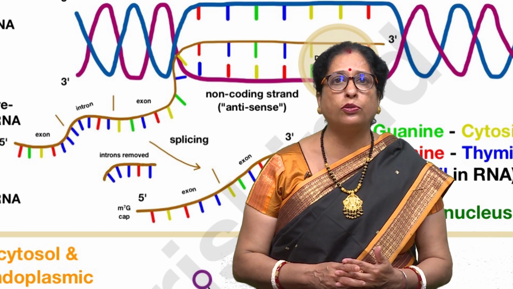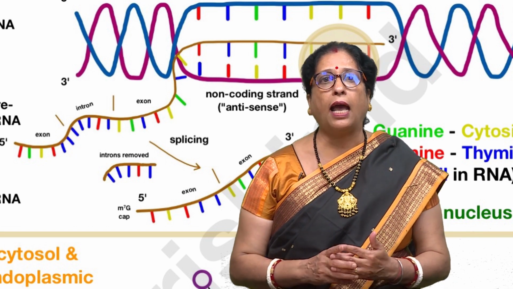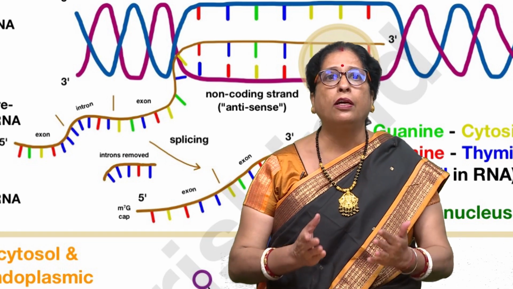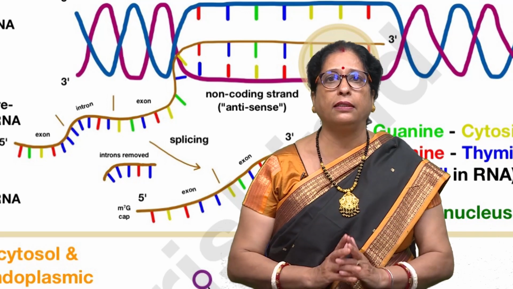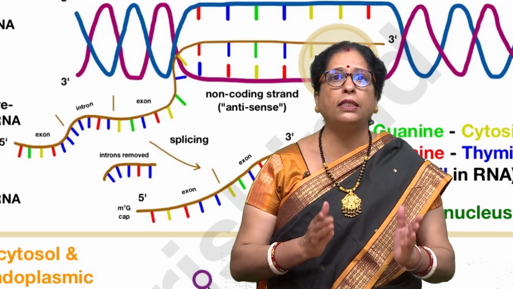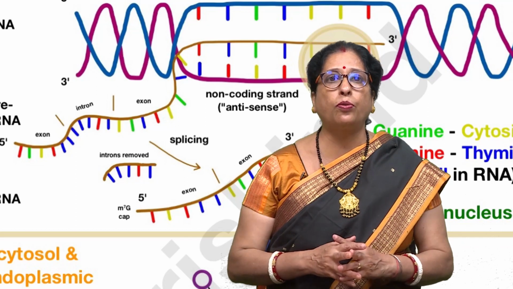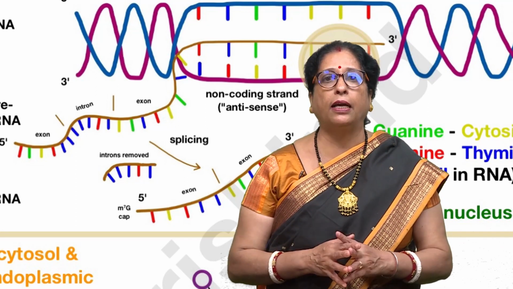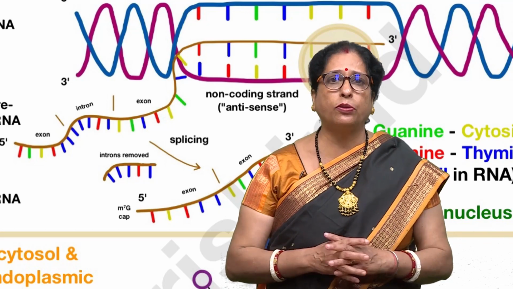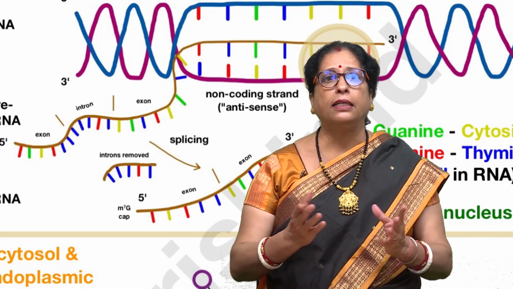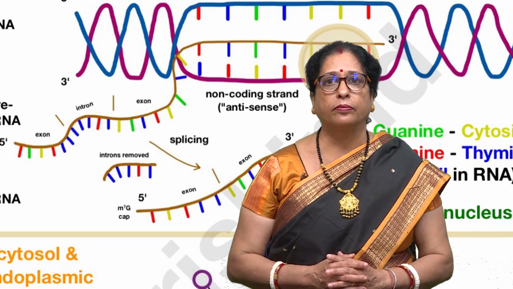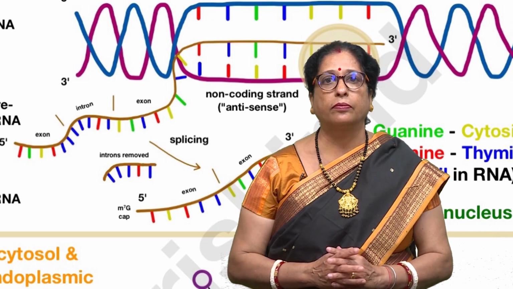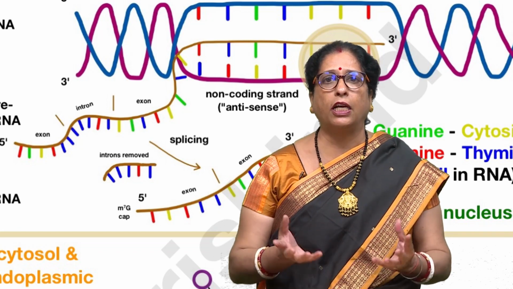New ribosomes may initiate as soon as the previous ribosome has moved away from the initiation site, creating a polyribosome or polysome. An average mRNA might have 8 to 10 ribosomes attached at a given moment. You can see here the ribosome movement.